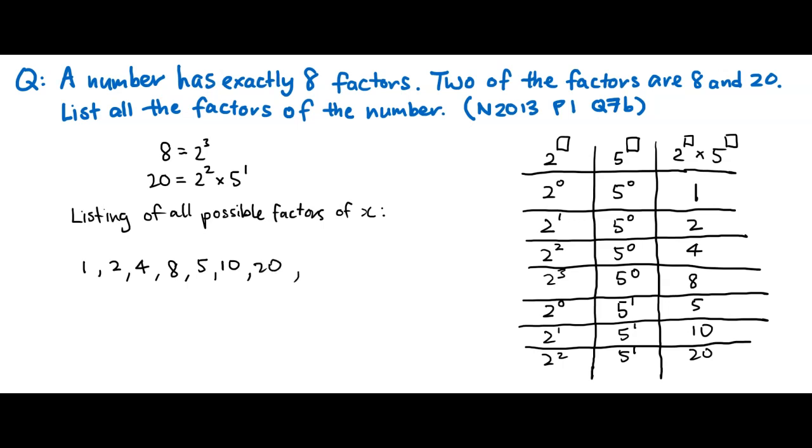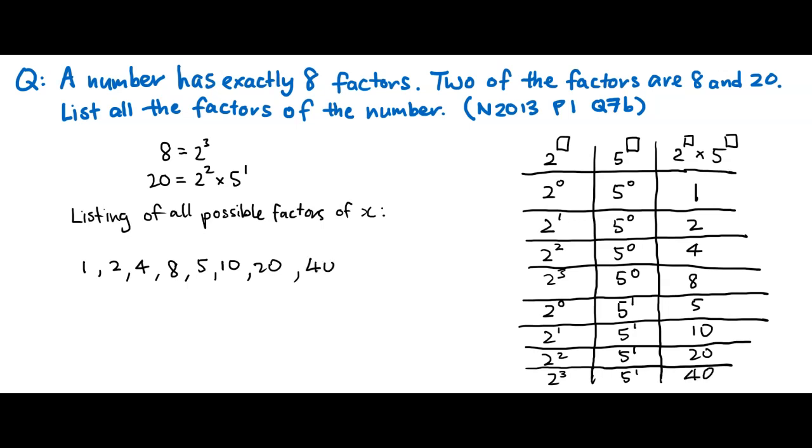So I have 1, 2, 3, 4, 5, 6, 7, and the last one is going to come from 2 to the power of 3 times 5 to the power of 1. By now you can see that I've exhausted all the possible combinations of the factors, and this is going to give me 40.